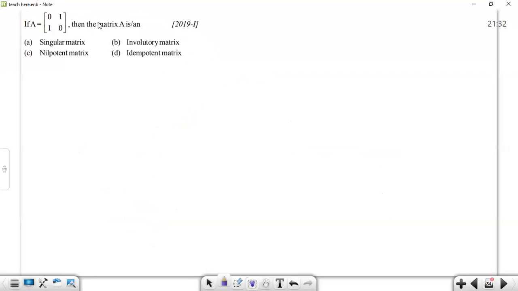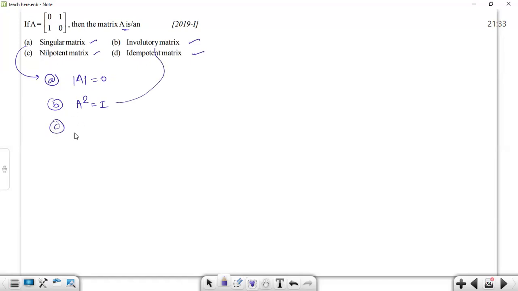Now there's a given matrix and we have to find out whether this matrix is singular, involutory, nilpotent or idempotent. So first tell me what is a singular matrix? If this condition is satisfied, then the matrix is singular. If A square becomes identity matrix, then it is an involutory matrix.